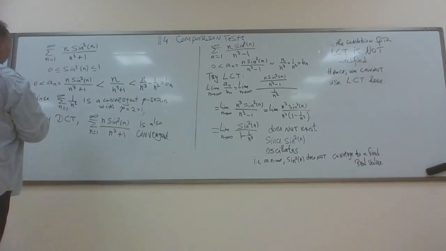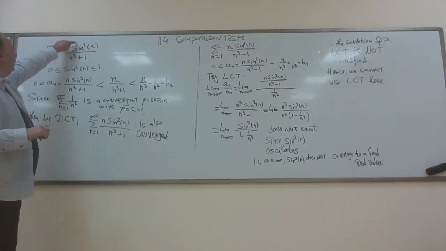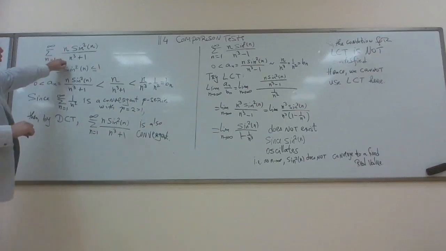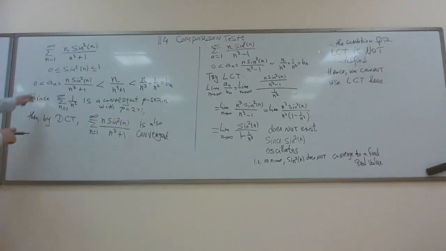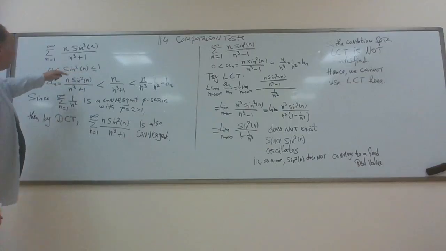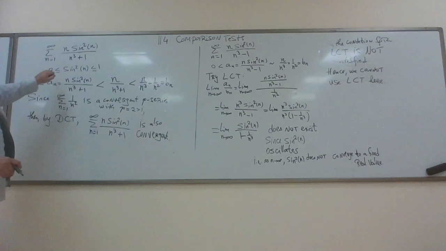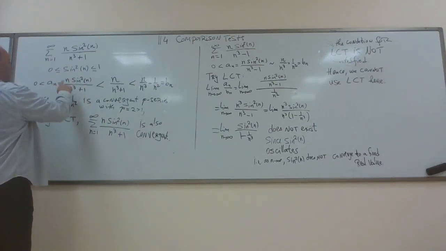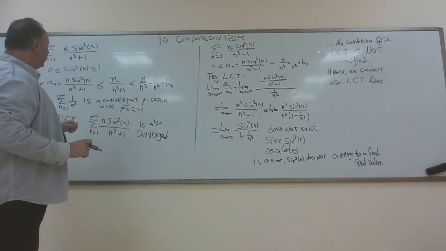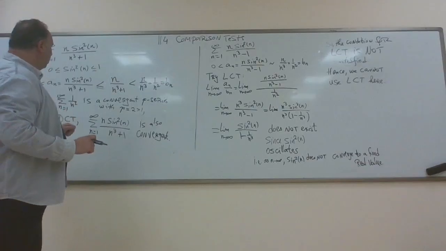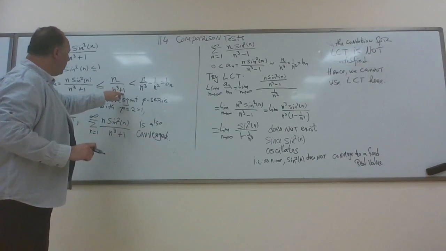Another cute example. This time we have sine squared in the expression or general term of the series. We know that sine squared is between 0 and 1, so that's good news. So our general term is given here. Sine squared is at best 1 and at worst 0. So the upstairs is smaller than n. We can put equal also if we want, it doesn't matter. And downstairs remains the same. Now n cubed plus 1 is bigger than n cubed.